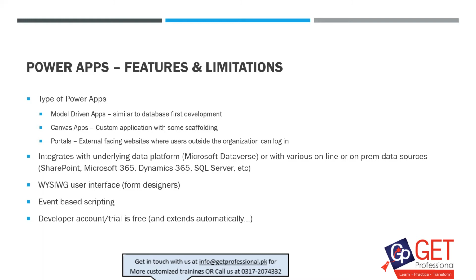So those apps are called portal applications. People outside the organization can log in and use your app. It also has licensing implications, but essentially you don't have to be in the same tenant to use the portal application. Okay, so these are the main three types of Power App application available.